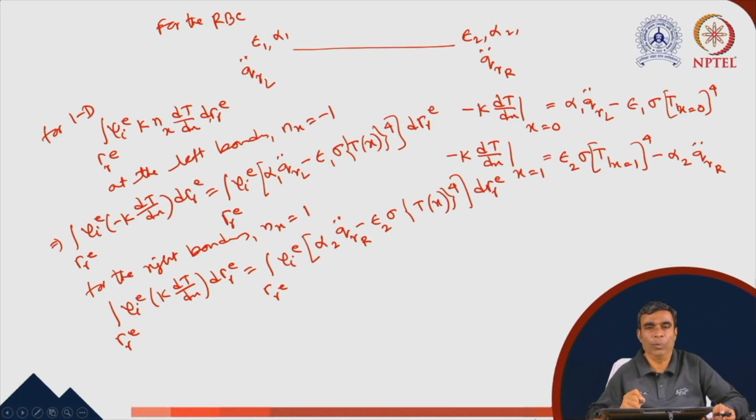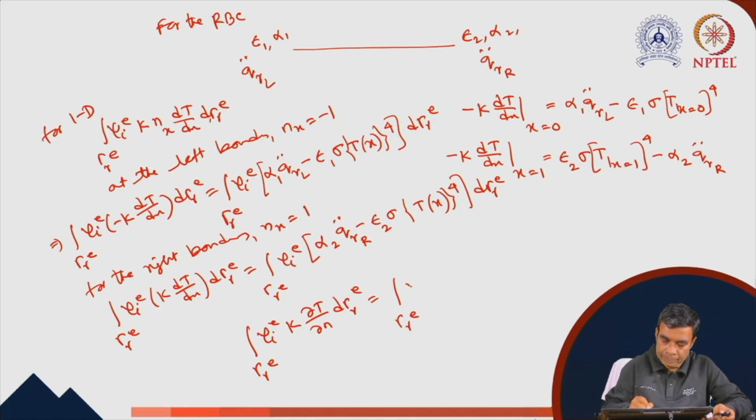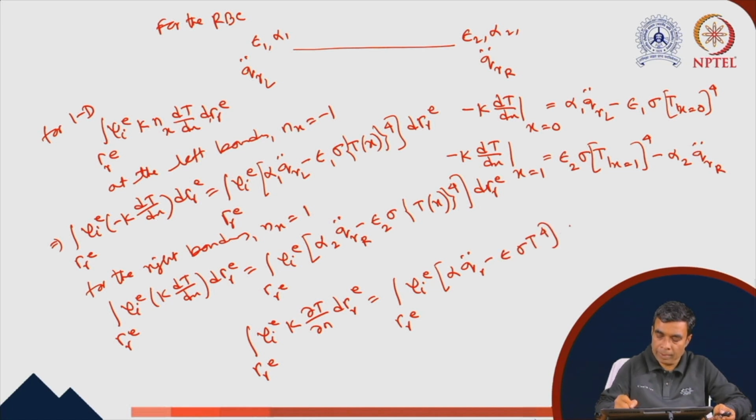So we see that we get equivalent expressions when we consider the left hand boundary and the right hand boundary. So we can generalize the radiative boundary contribution as integration over Γ_RE of ψ_IE k ∂T/∂n dΓ_RE equals integration over Γ_RE of ψ_IE (alpha Q_R double dot minus epsilon sigma into T to the power 4) dΓ_RE.